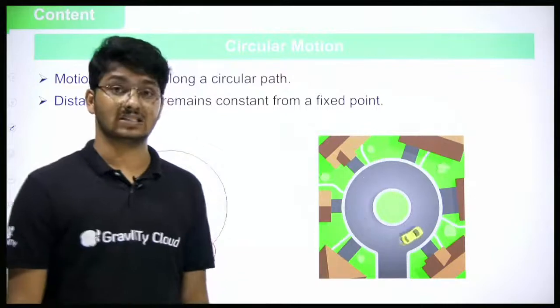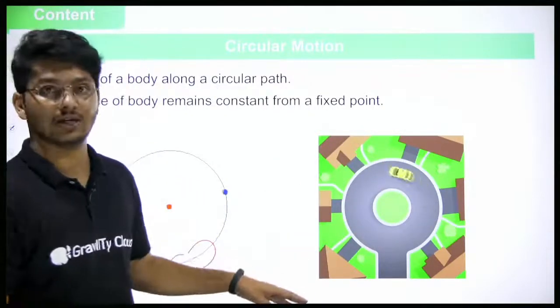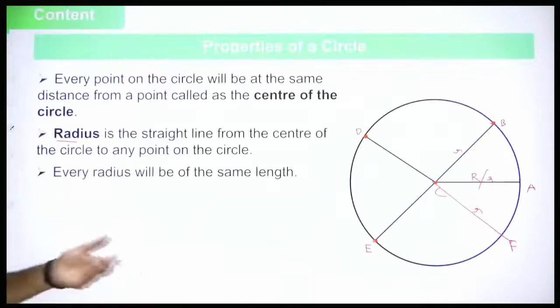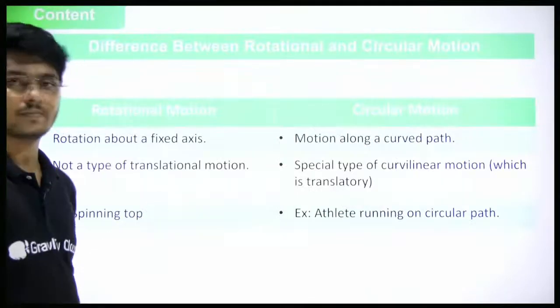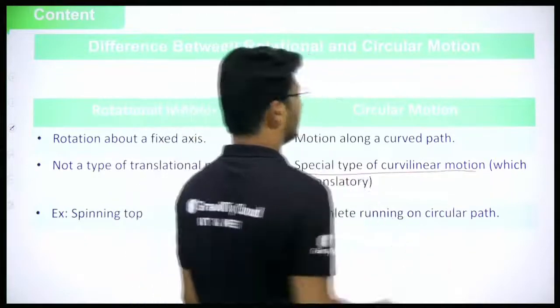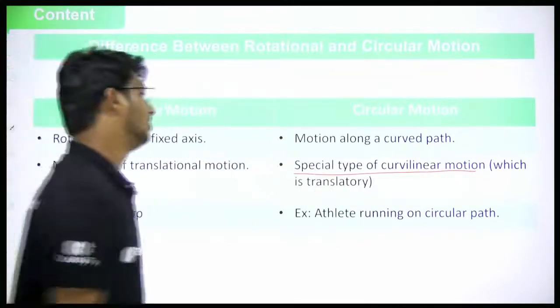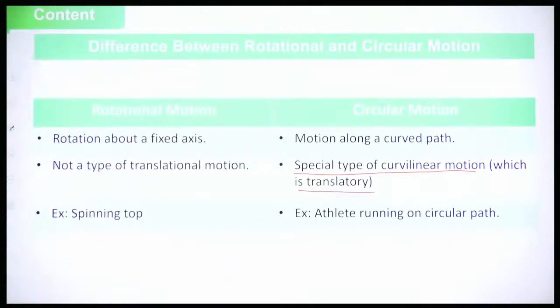That means the car is in translational motion. And which motion is this? Circular motion. So circular motion is a type of translational motion. It is also a special type of curvilinear motion, which is translatory or translational motion.